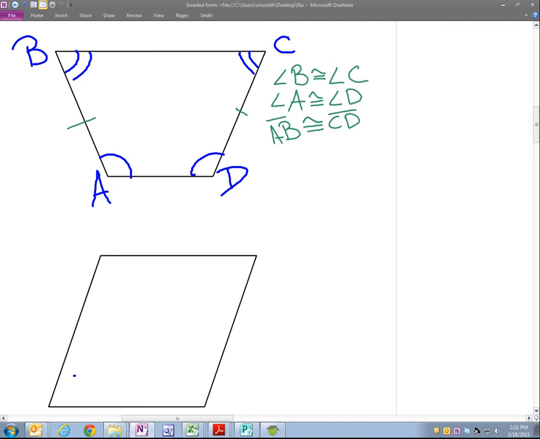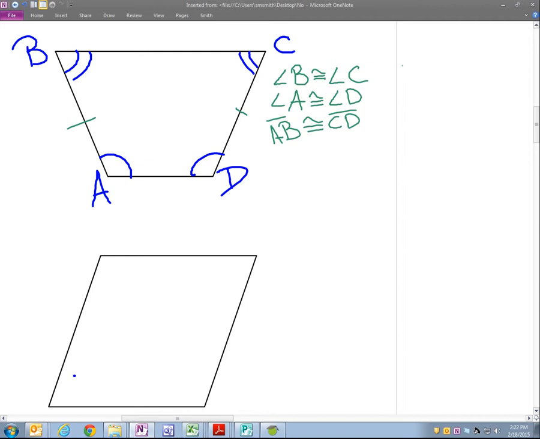Okay. Now, if we have pairs of congruent angles, and just one set of congruent sides, what is that shape called? Frankie, what is it?